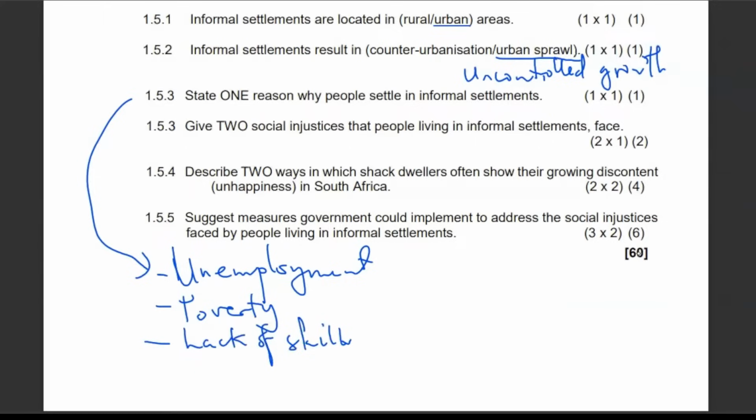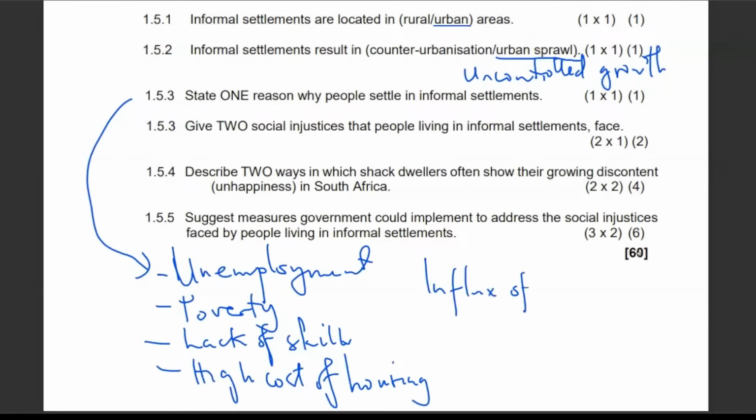We can talk of things like the high cost of housing. And we can talk of the influx of refugees.